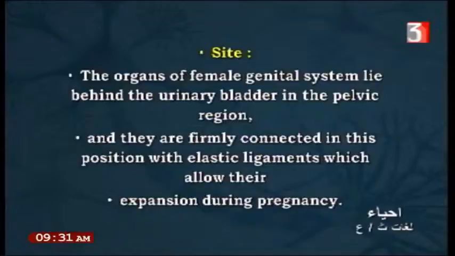This means that the uterus is connected with elastic ligaments. Do you know what is meant by ligaments? Ligaments are a type of tissue that binds the organs together. This ligament allows the uterus to increase in size and decrease again to accommodate the volume of the baby during pregnancy.